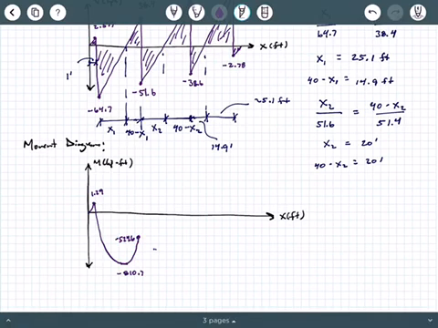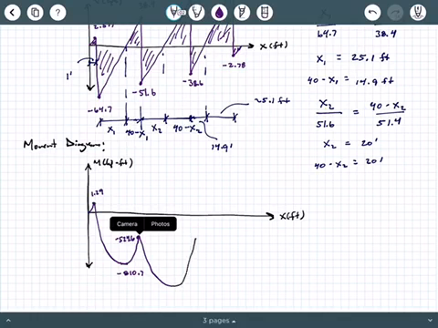Okay, and then we've got another negative area. I'm going to move my label for this over here just to get it out of the way. We've got another negative area, so we're going to say minus 1/2 times 51.6 times 20 feet. So that's going to swing me back down again. It's going to be concave up still.